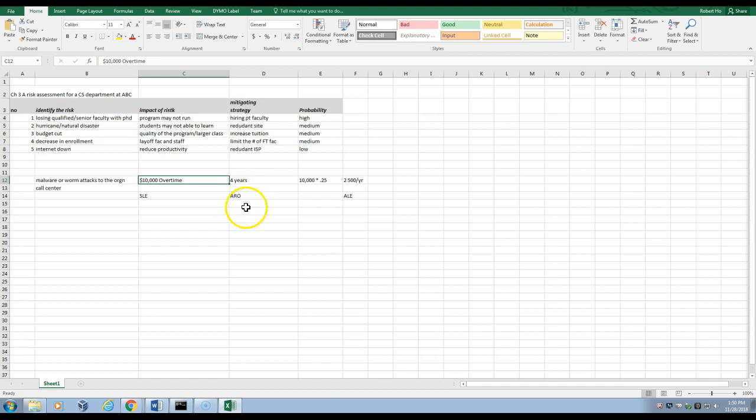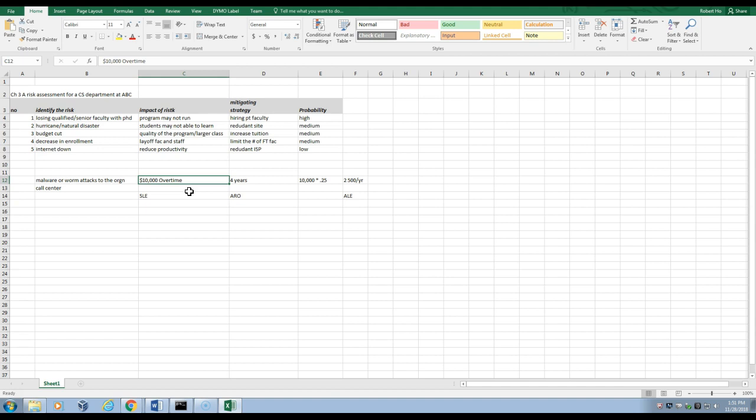Okay, so let's say that when an organization is attacked by viruses or a worm, it costs like 3 to 5 hours of downtime. That would cost a company or organization about $10,000. So each time that an attack occurs, it will cost the company $10,000, because we still need to pay the staff when the system is down.